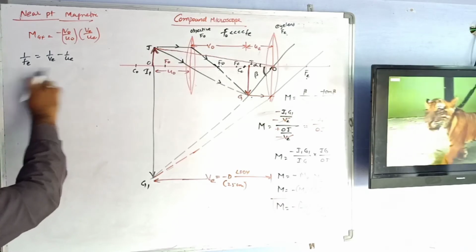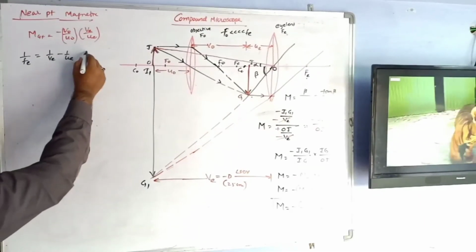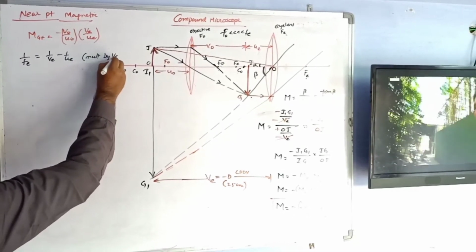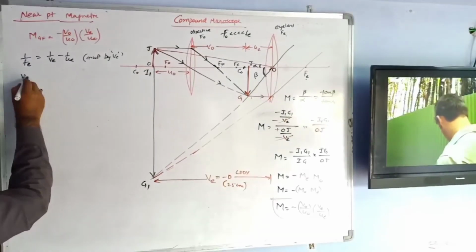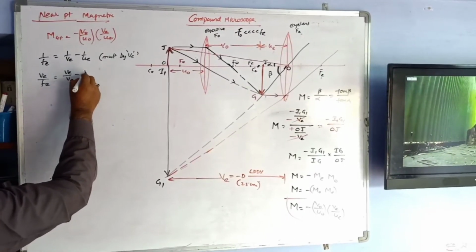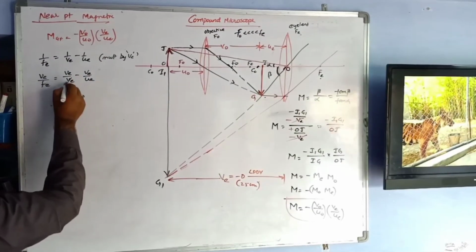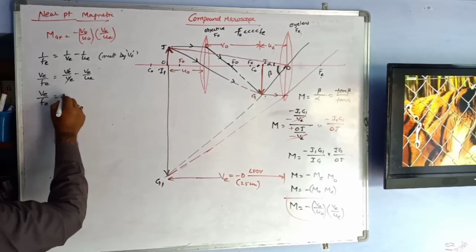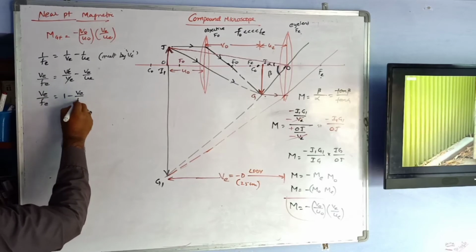Now multiply on both sides with VE. You get VE by FE is equal to VE by VE minus VE by UE. Anyhow, this part is going to cancel. VE by FE is equal to 1 minus VE by UE.